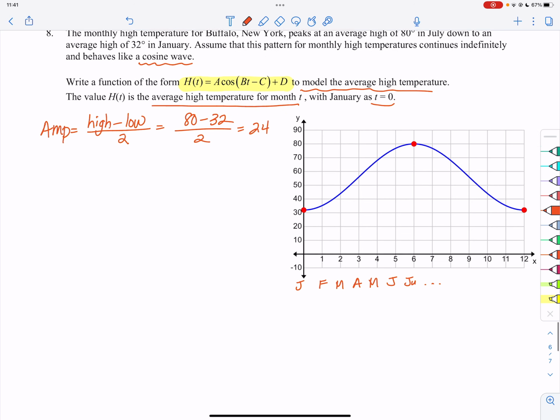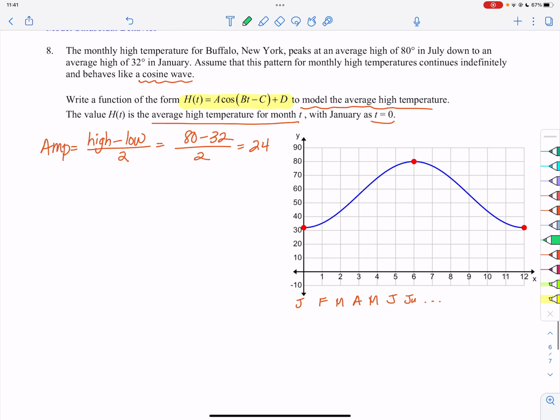So at this point, let's go ahead and just write what do we have so far. So far, we've got the cosine of bt minus c plus d. And guess what we have already? We now have our 24, okay? And that should be a negative 24, okay?